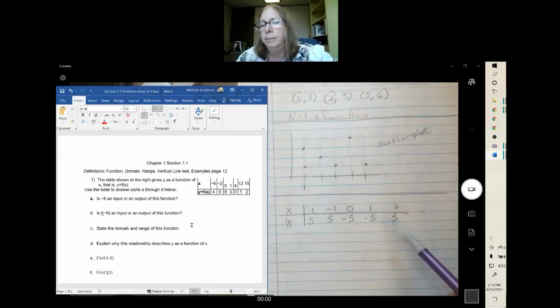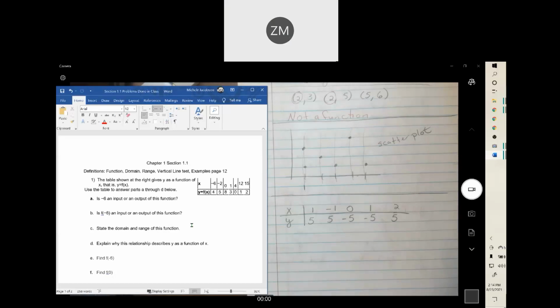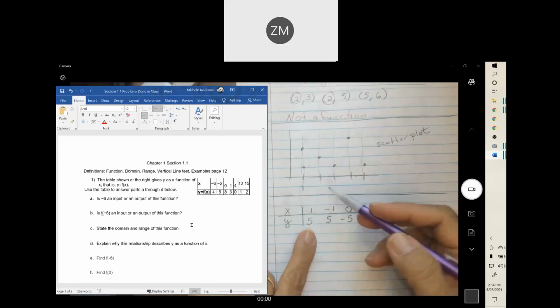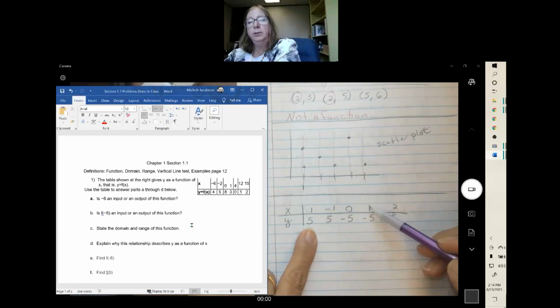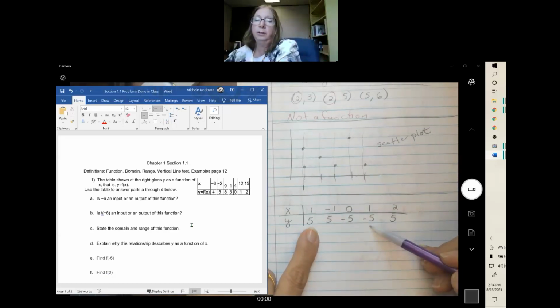Would this be a function? No. The reason it's not a function is because one x value, the number 1, gives us two different y values. So it's not a function.